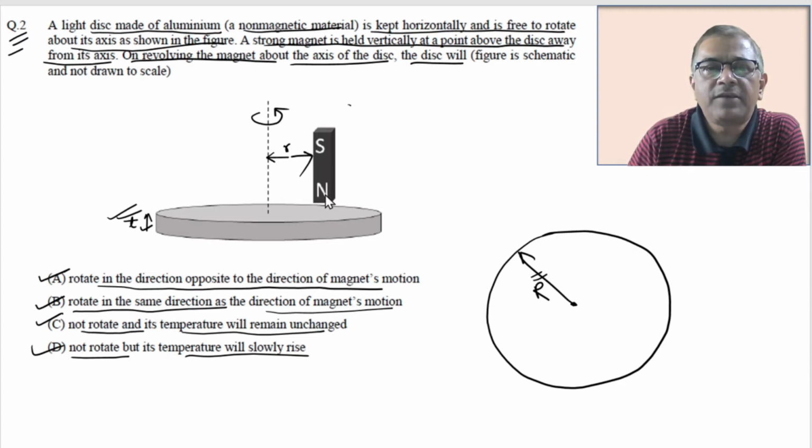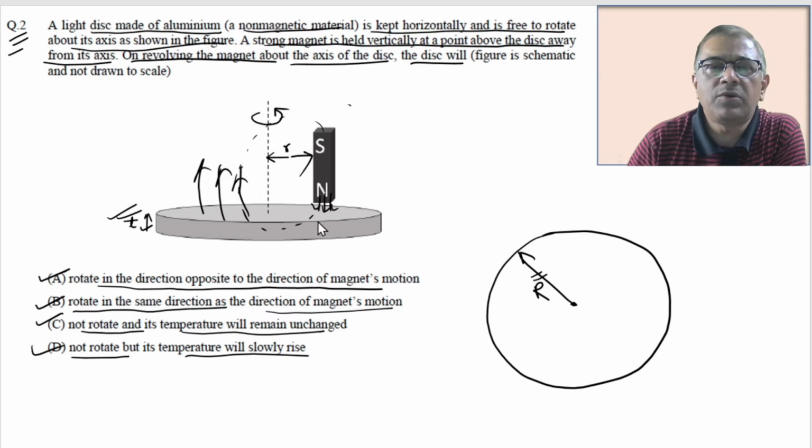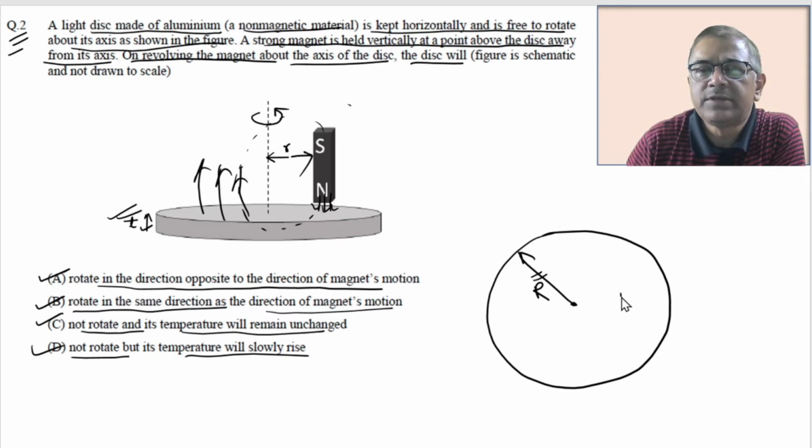So the magnetic field lines are entering into the disk. Now if you draw the magnetic field lines, you will notice these magnetic field lines also have to come out. They are entering through a small cross section. This is the cross section through which magnetic field lines are entering.